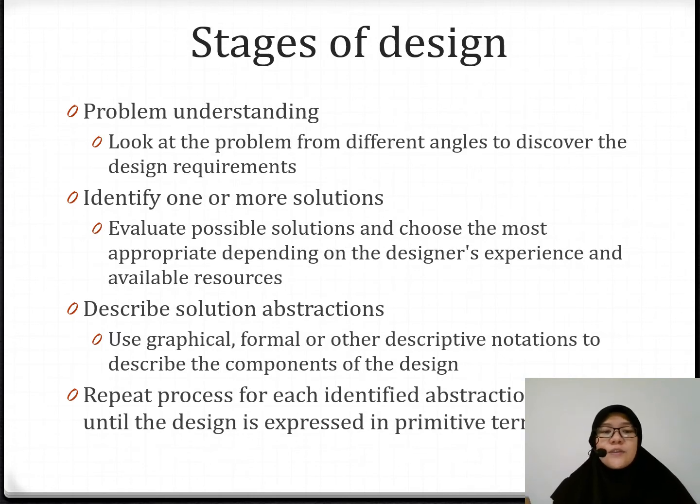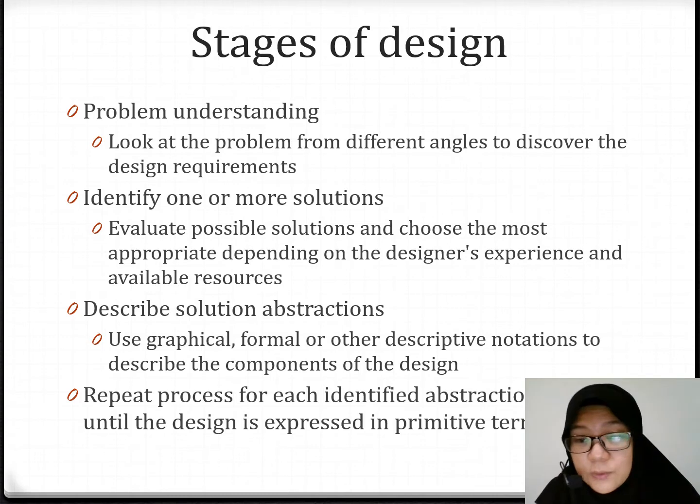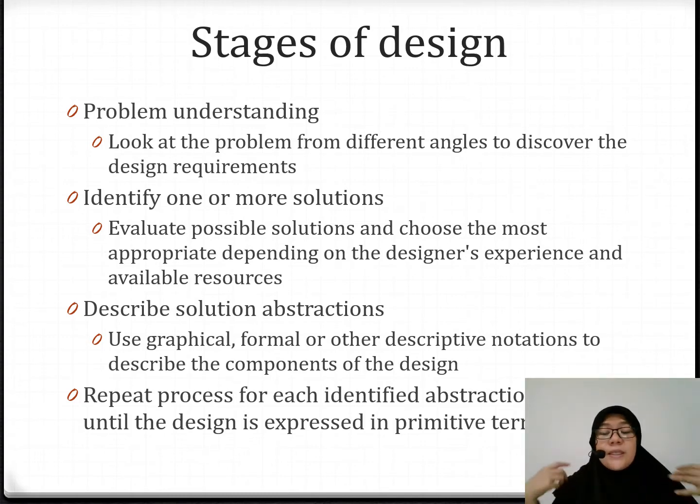Stages of design. So you need to understand the problem, look at different angles to discover a solution, identify one or more solutions, and describe the abstractions. Okay. So describe abstractions means once you get the solution, you need to transform it graphically. In this course, we will transform it using UML, right?